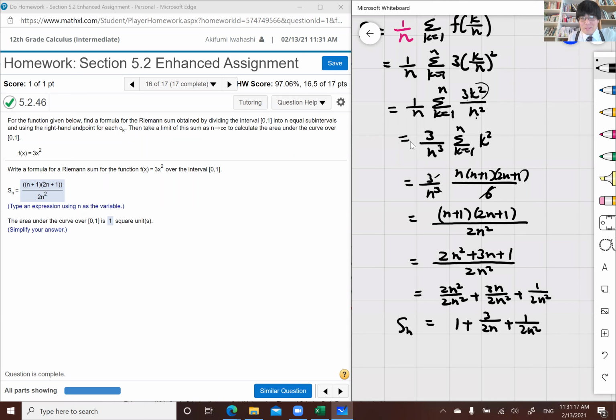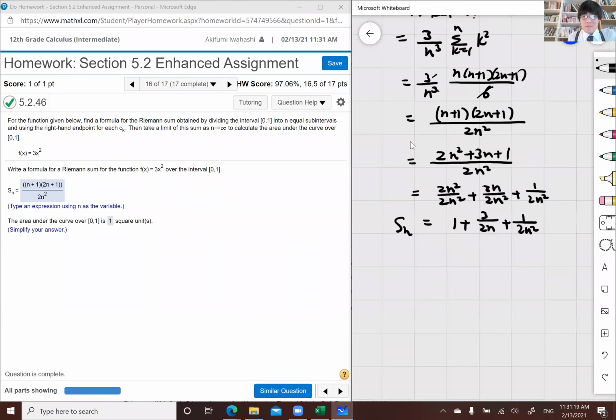So that's Sn. Now it's easy to take the limit as the number of rectangles goes to infinity. You just plug in: it's going to be 1 plus 3 over infinity, which is 0, plus 1 over infinity, which is 0. So the limit area is equal to 1.